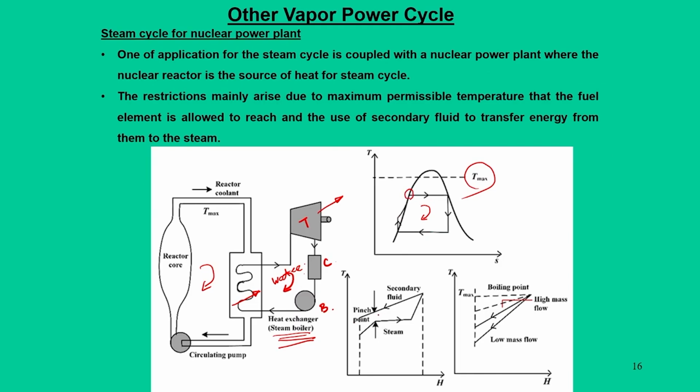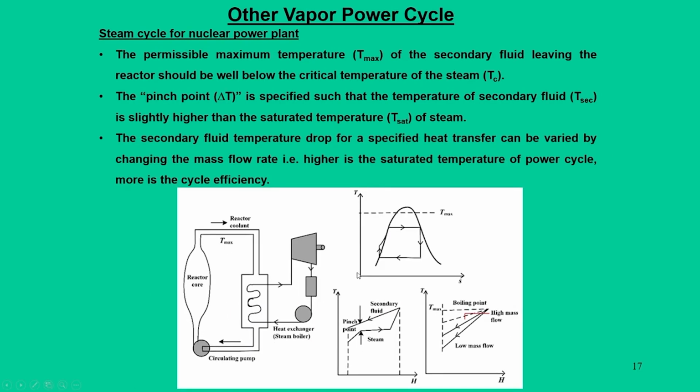There is an upper limit that the secondary fluid can work at, and the temperature difference at one point in the saturated liquid dome is known as the pinch point. We define a pinch point which is specified such that the temperature of the secondary fluid is slightly higher than the saturated temperature of the steam.